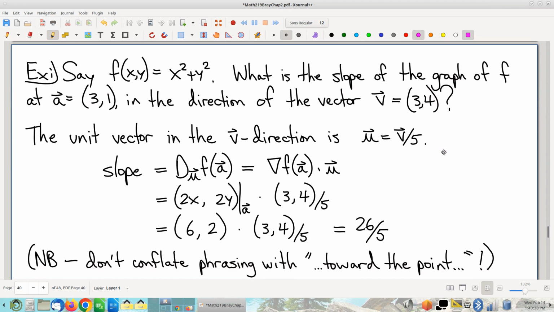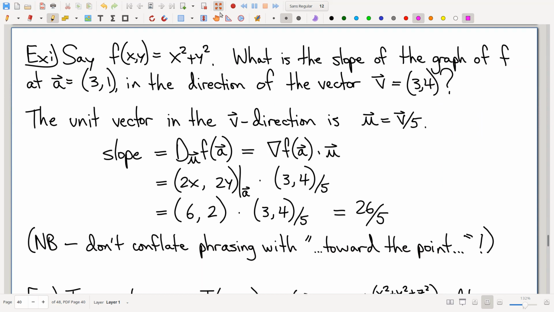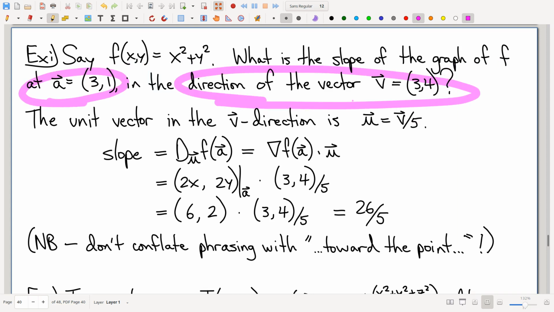Okay, example. So let's suppose that you have a function given. You're going to look at the graph of that function, and the question is to find the slope of that graph. Specifically, we want to know the slope at a certain point and in a certain direction. Now had this direction been a coordinate axis direction, then we would just say partial derivative, and that would be a super easy calculation.